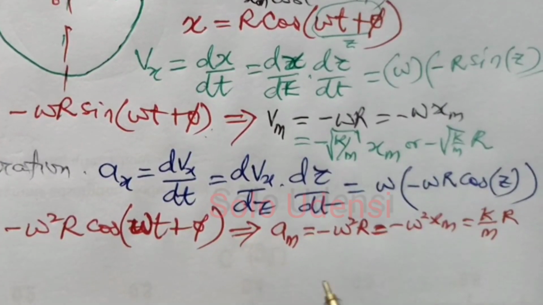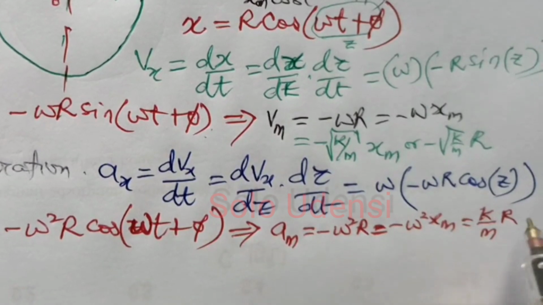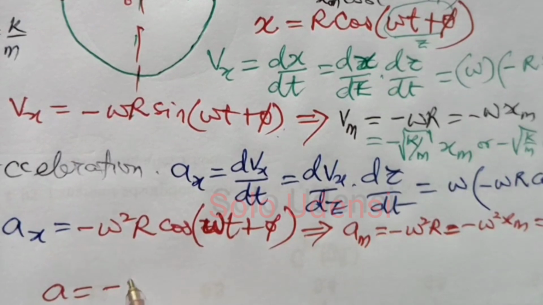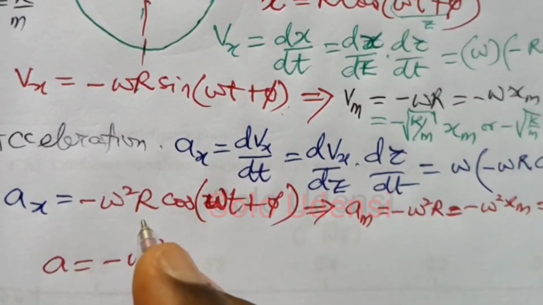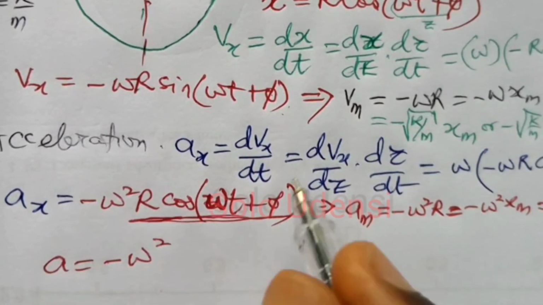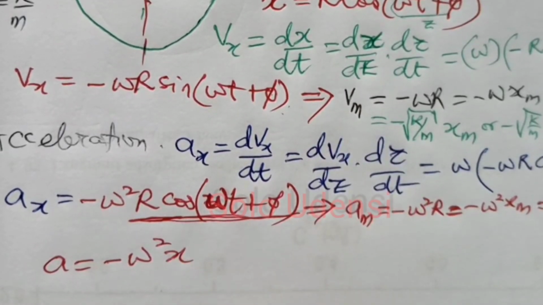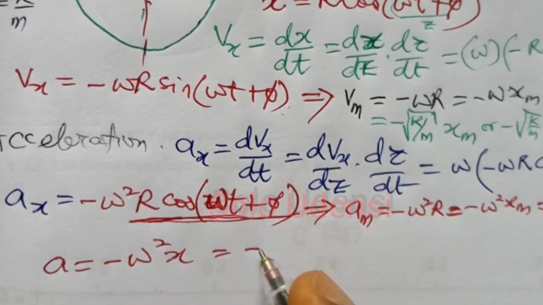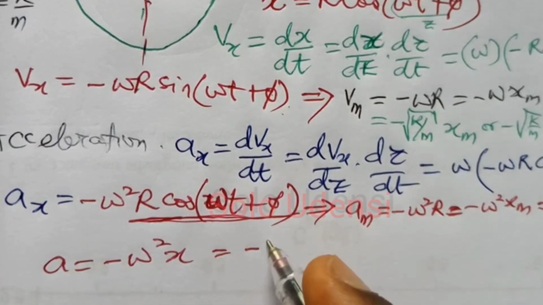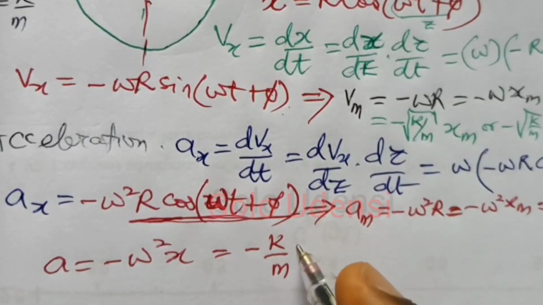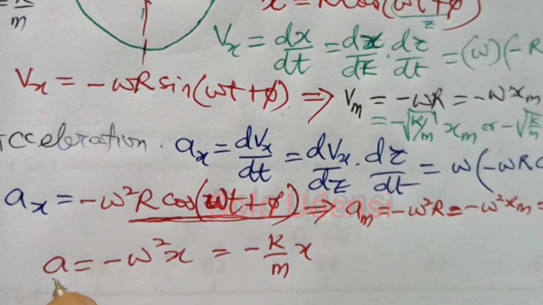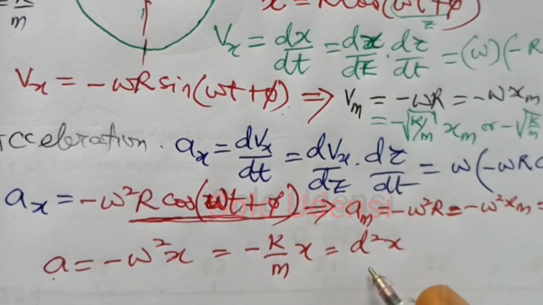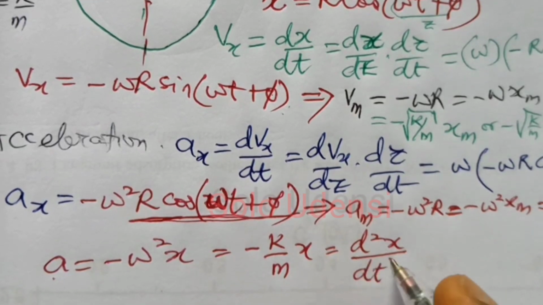And remember that if this whole thing is x, then we are correct that the acceleration is equal to minus k over m times x, and our acceleration is equal to d squared x over dt squared.